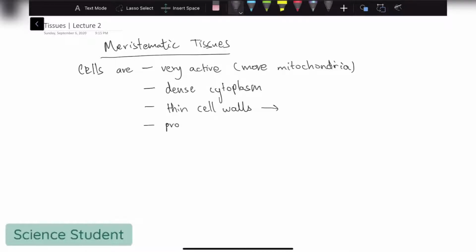They have a prominent nuclei. Okay, and they lack vacuoles. Now I want you to tell me the reason of why they lack vacuoles in the next class.